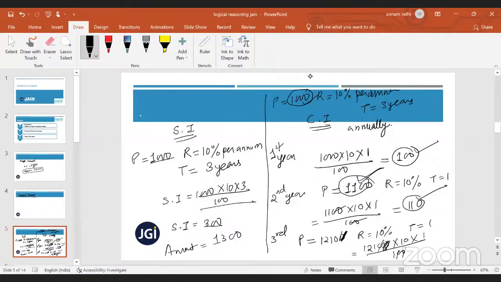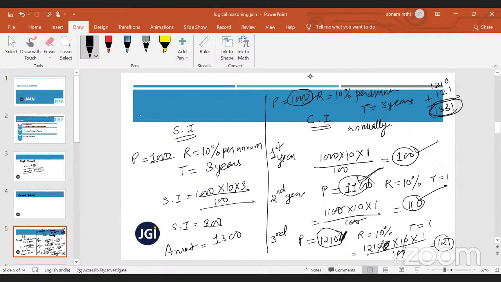So now what will be the interest? 121. Now what will be the final amount? This new principal plus this, so it will become 1210 plus 121. It is 1331.